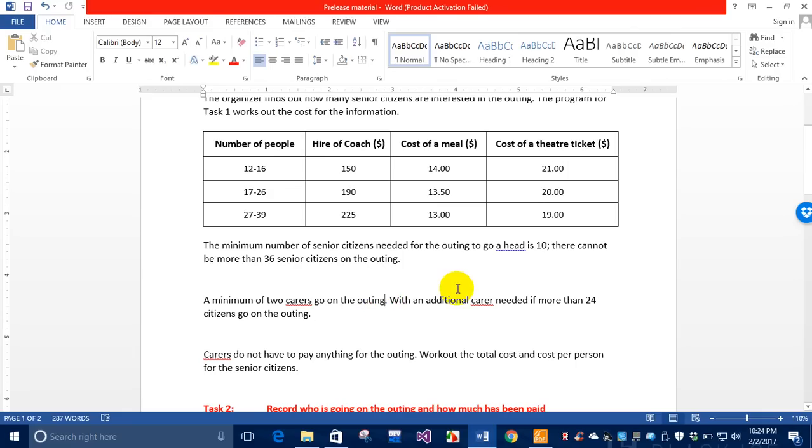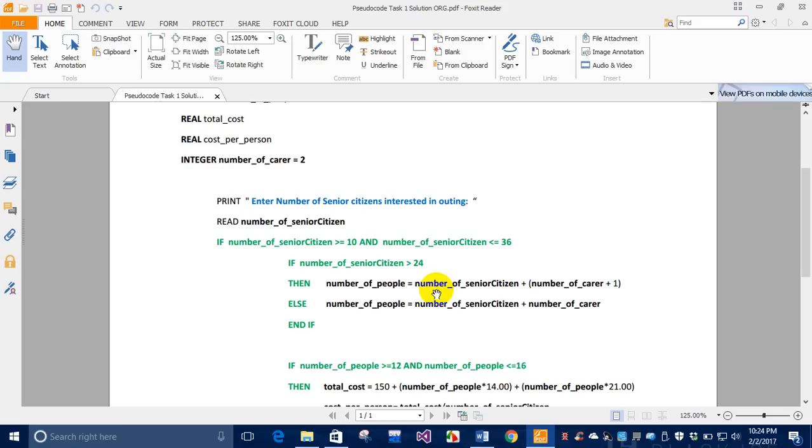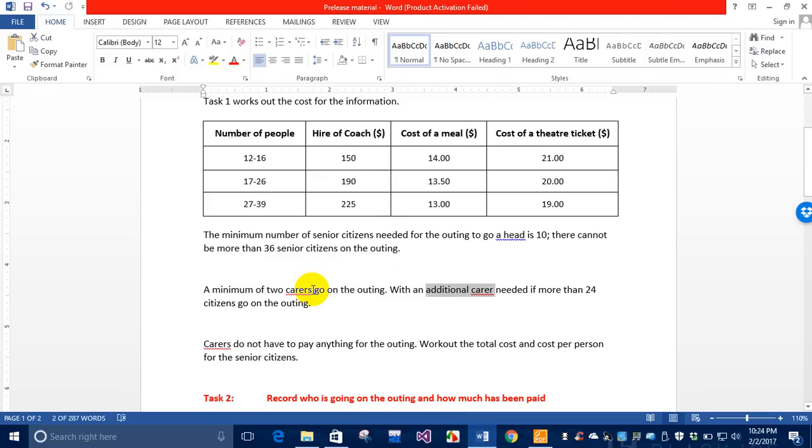It means that if the number of senior citizen is less than 24, then the minimum number is two carriers. And if the number of senior citizen is greater than 24, then we will need an additional carrier, so 2 plus 1 would be 3. These are the two statements for handling this situation.